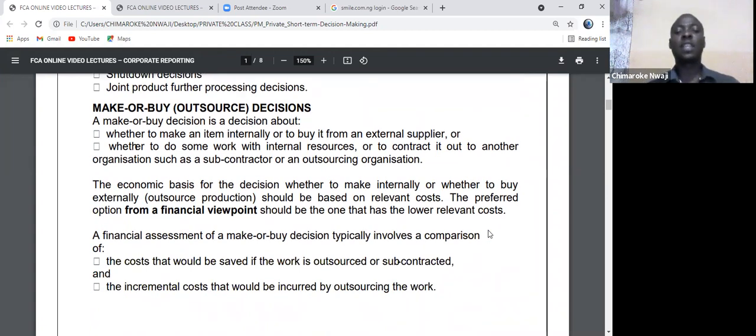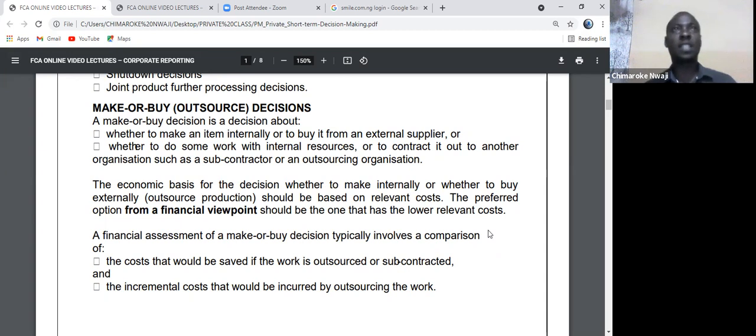A financial assessment of a make or buy decision typically involves comparison. You're going to be comparing the cost that will be saved if the work is outsourced.